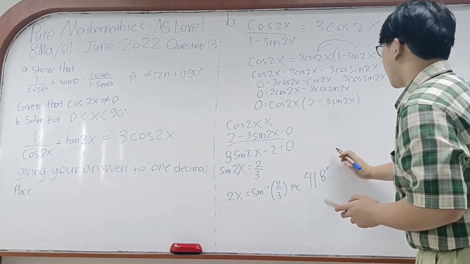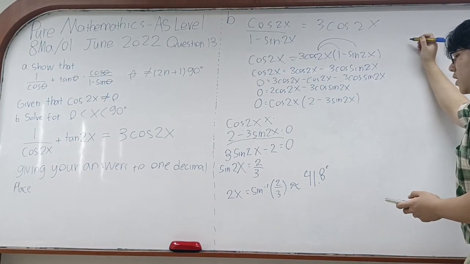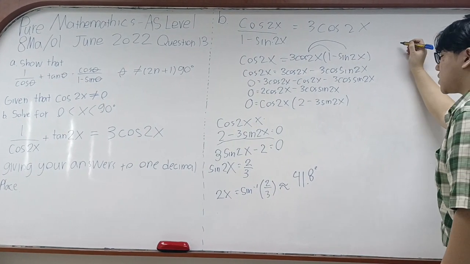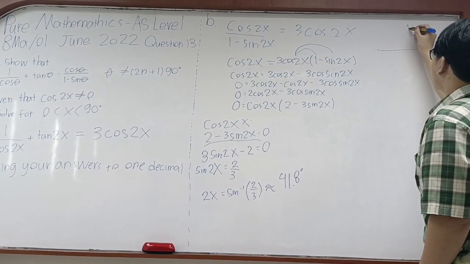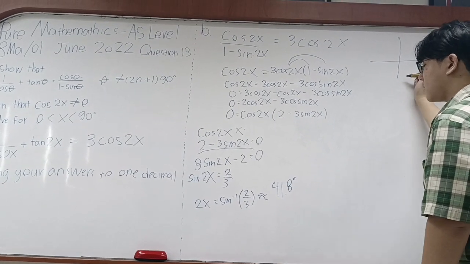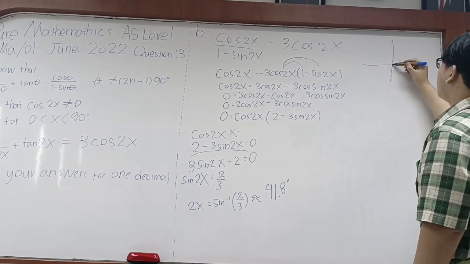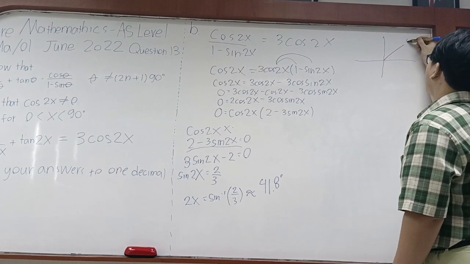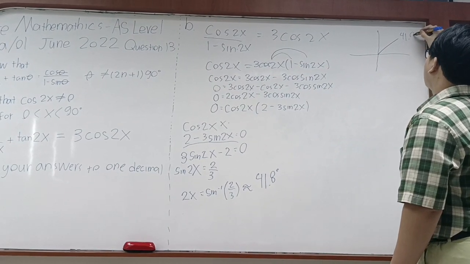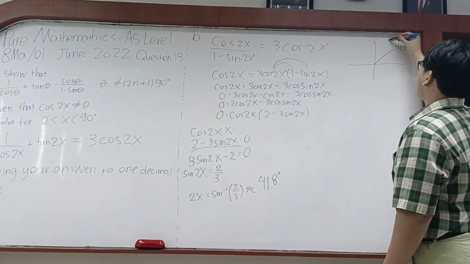Now we should have two answers. So here we also got sin 2x is going to be 2 over 3, where the angle is 41.8 degrees over here in the ASTC.